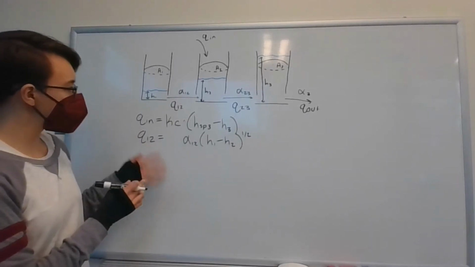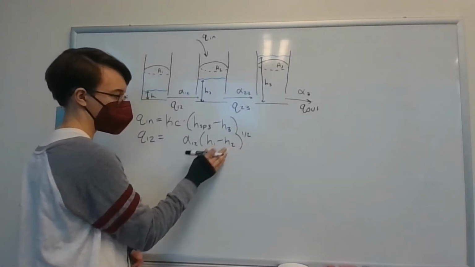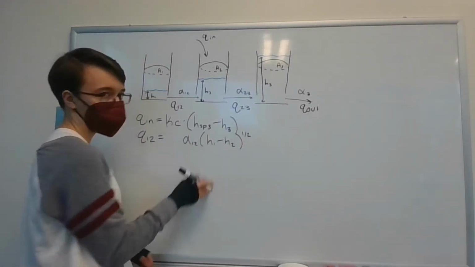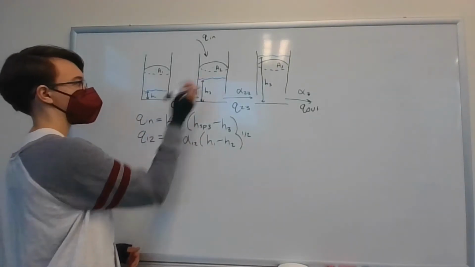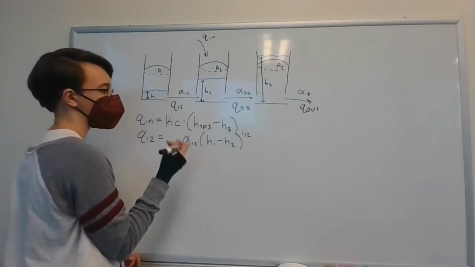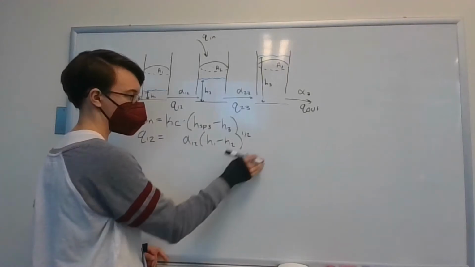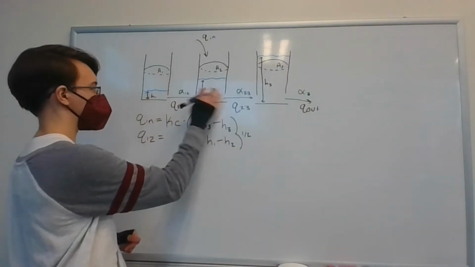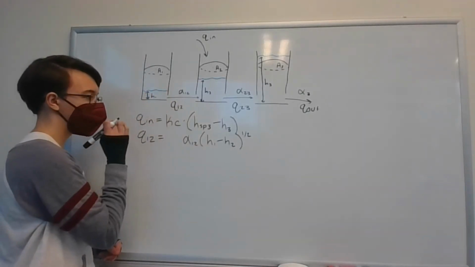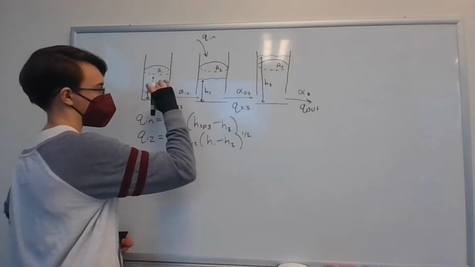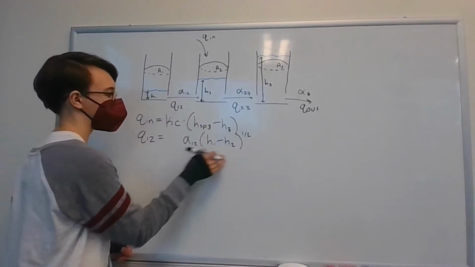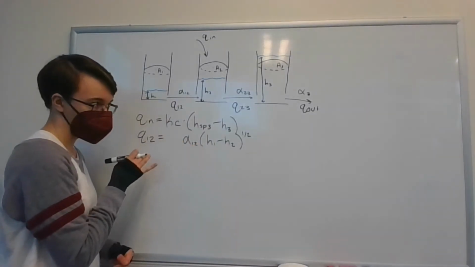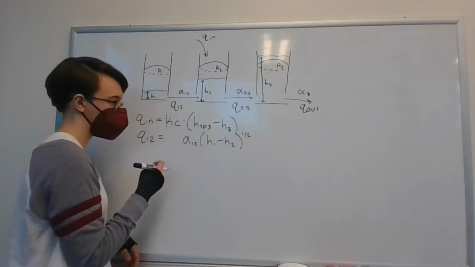But if we think about it, H1 minus H2 could be positive or negative depending on what these heights actually are. If H1 is bigger than H2, then this is obviously going to be positive, and the square root will work out just fine. However, if H2 is greater than H1, so that the height of the liquid in here is greater than the height of the liquid there, then we're going to get a negative value in here, which will result in an error.